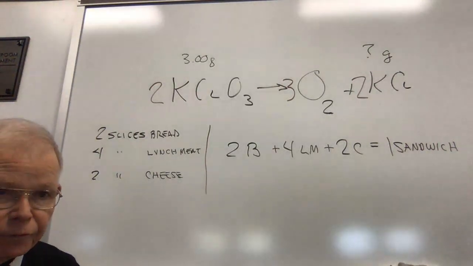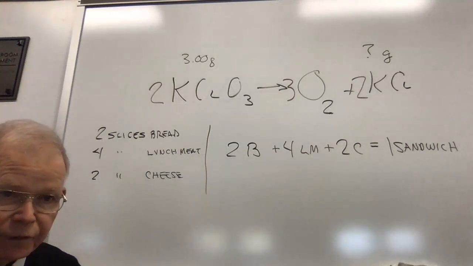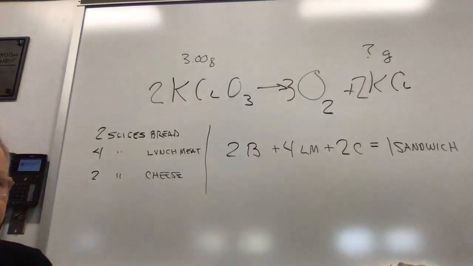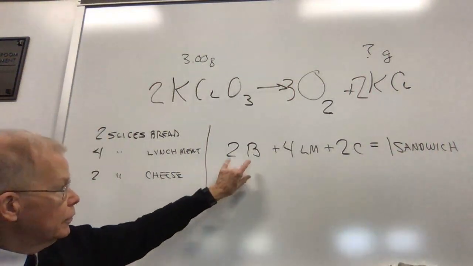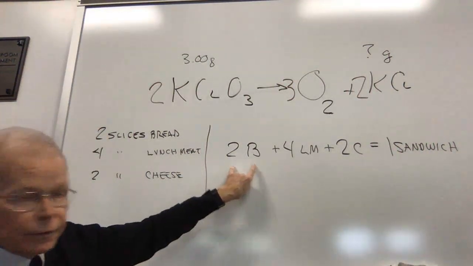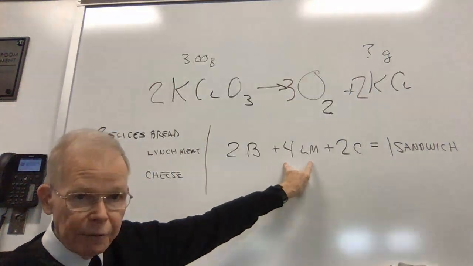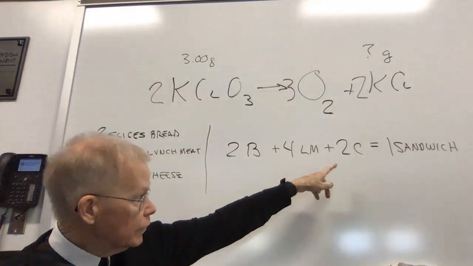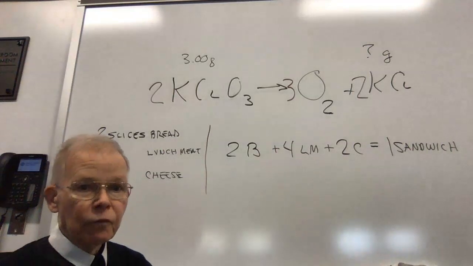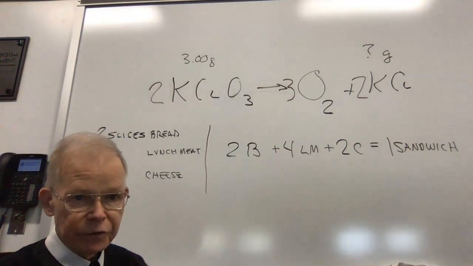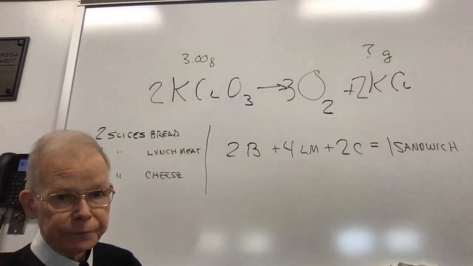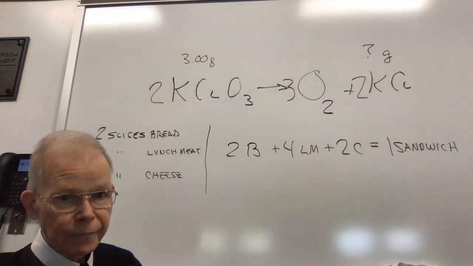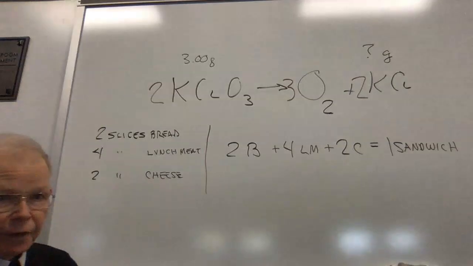This together will give me the one sandwich that I'm preparing. If I abbreviate that, it's going to look like this: 2 of bread, 4 of lunch meat, LM, and 2 of C, or 2 cheese, put together, and maybe I add some toppings, but put together that will give me one sandwich. So I'll give you a chance to copy that.